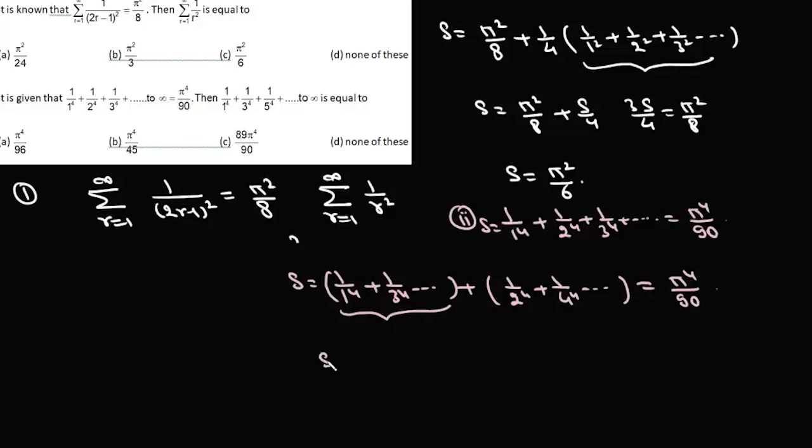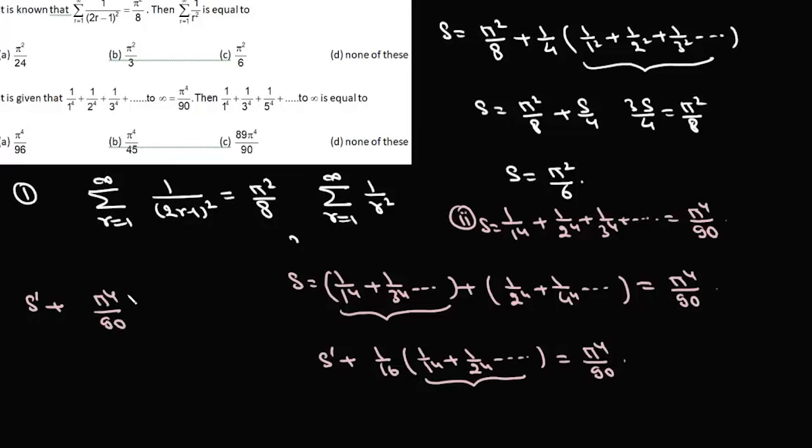Suppose this is s dash, and here we'll take 1 by 16 common, and here will be 1 upon 1 to the power 4 plus 1 upon 2 to the power 4 up to infinite, that is pi to the power 4 upon 90. Now this is the given series, so this value, it is pi to the power 4 upon 90.